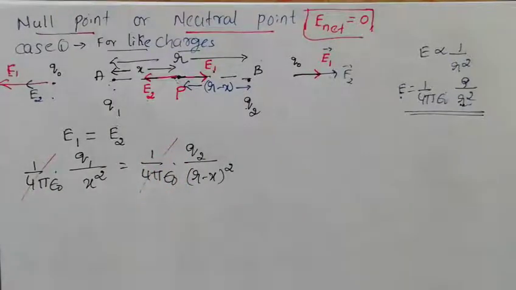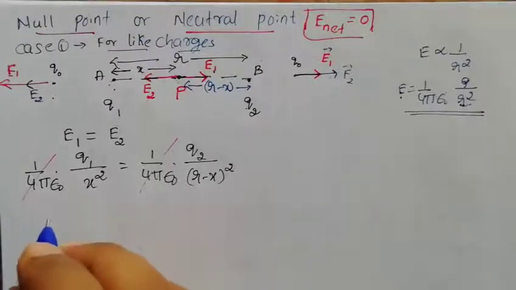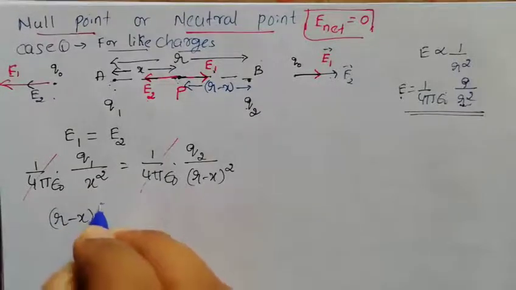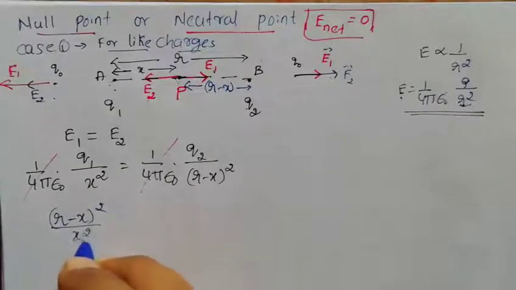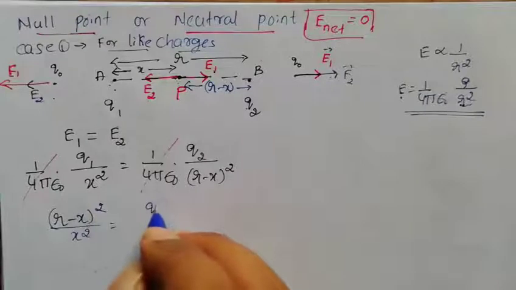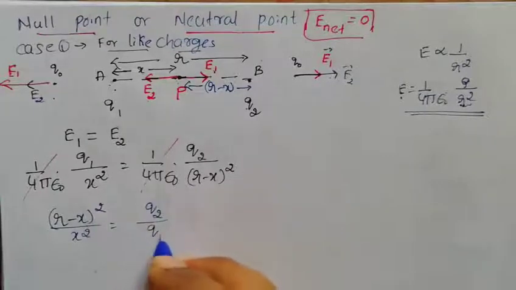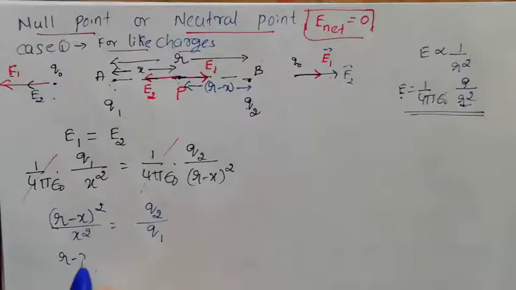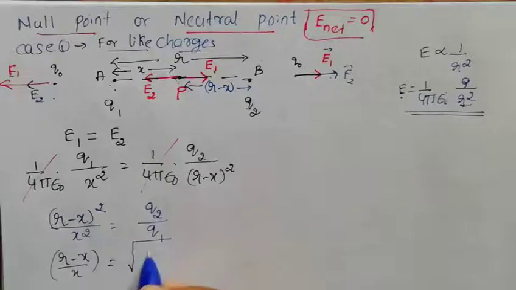Remaining we need to simplify. I can write it like this: R minus X whole square divided by X square is equal to Q2 by Q1. Now let us simplify this as R minus X by X is equal to square root of Q2 by Q1.